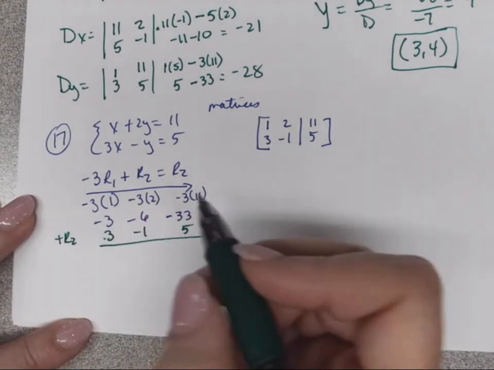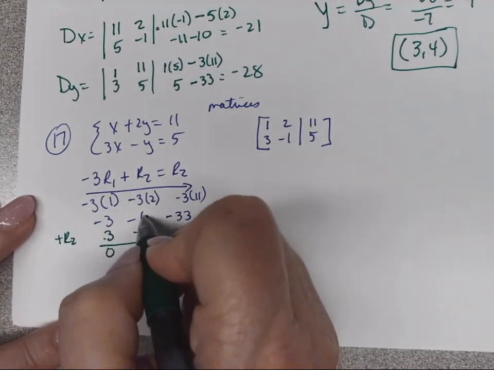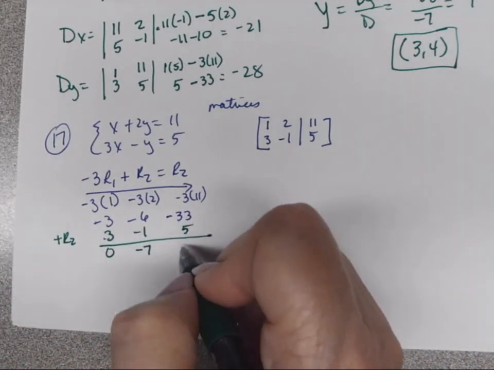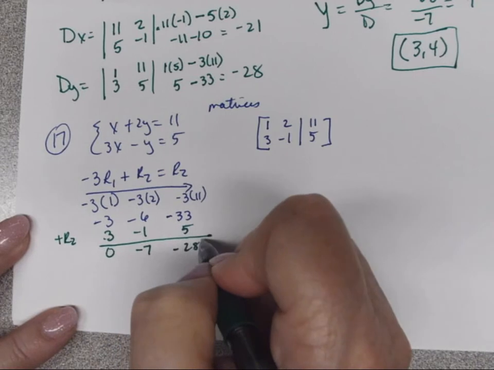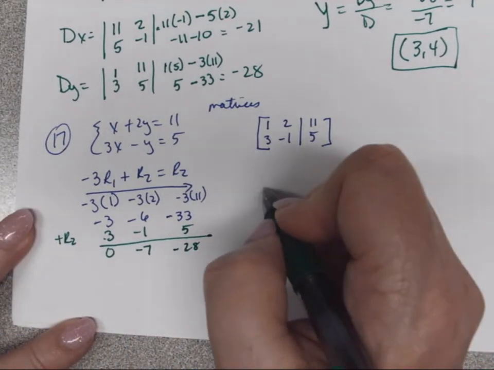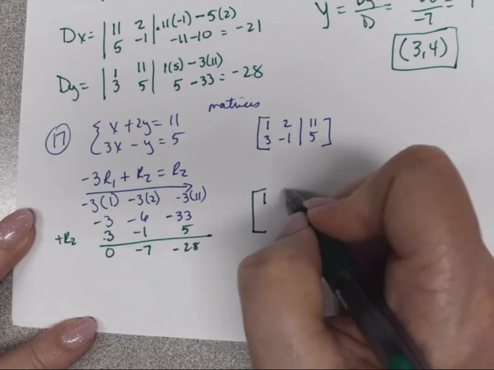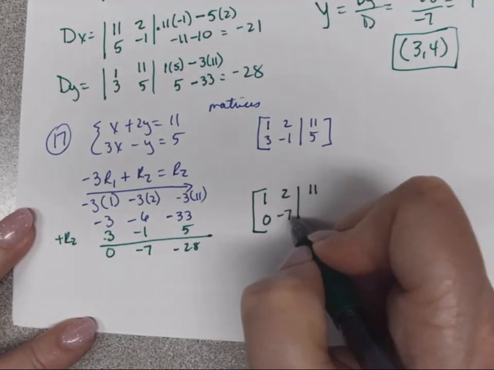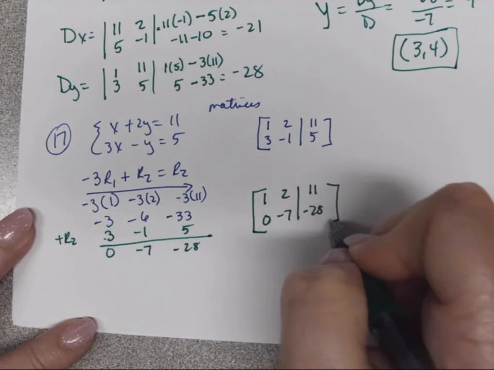So negative 3 plus 3 would get me 0. Negative 6 minus 1 is negative 7. Negative 33 plus 5 would be negative 28. So my new matrix is now, row 1 is the same, 1, 2, 11, and row 2 is now 0, negative 7, and negative 28.